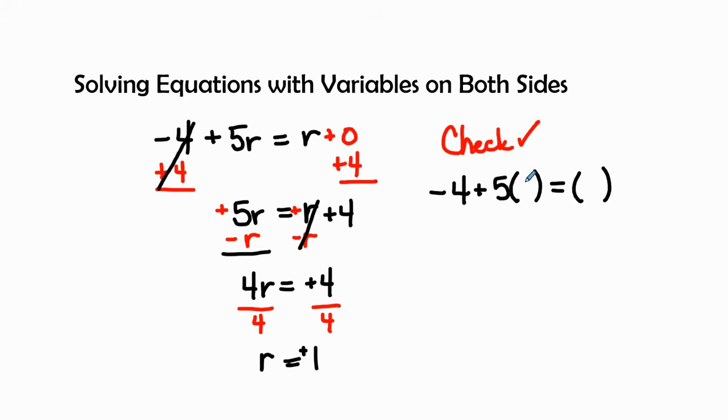And our goal is to get the exact same number equal to itself at the very end. So here I have a -4 plus 5 equals 1. 5 plus a -4 is 1, and sure enough, 1 equals 1. And it checks out.